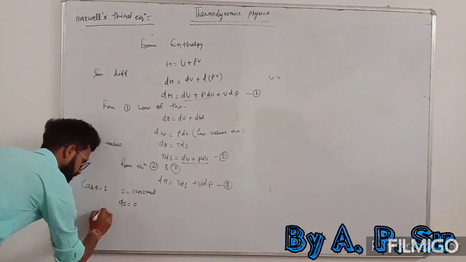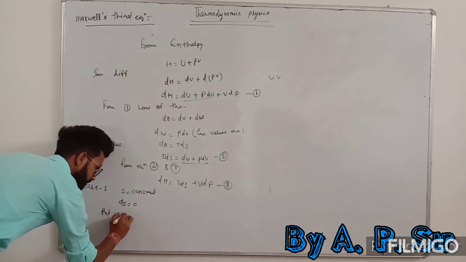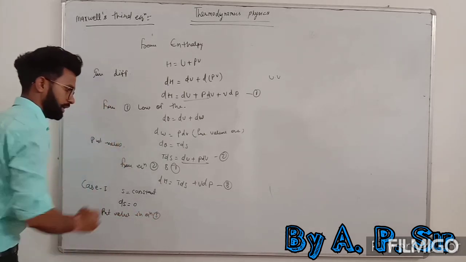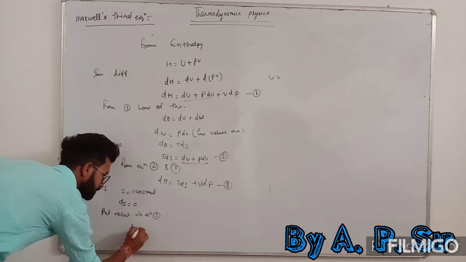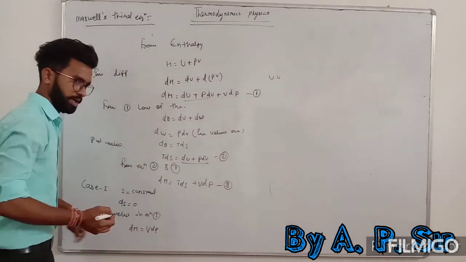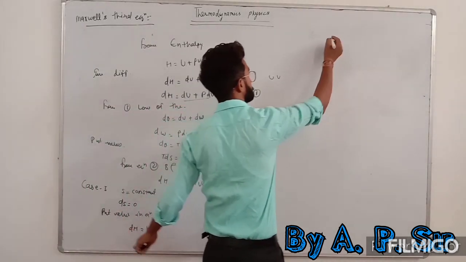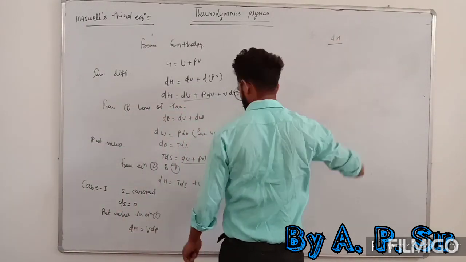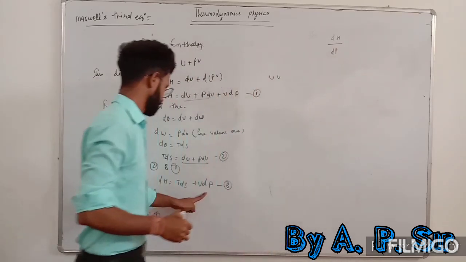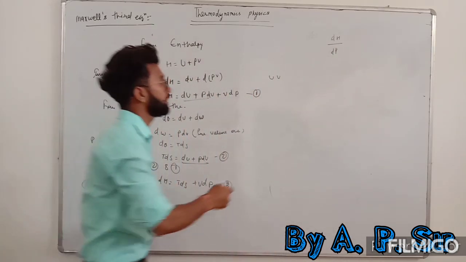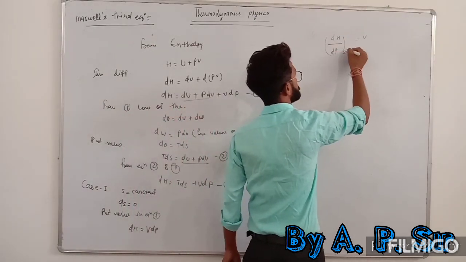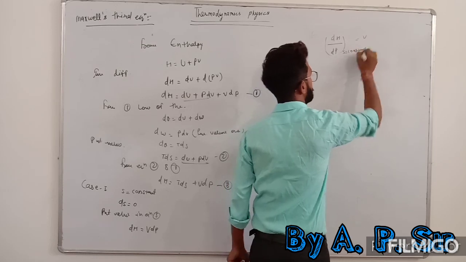Put the value in equation third. dH is equal to VdP. Then dH upon dP is equal to V, there S equals constant.